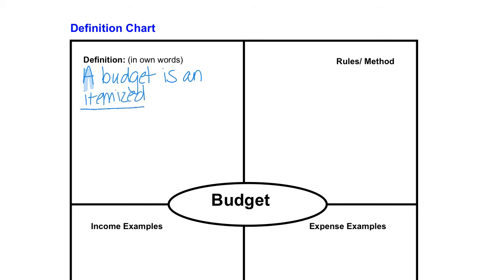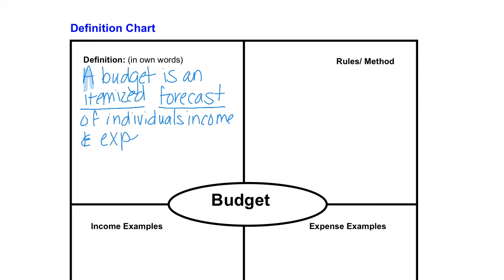So itemized means writing down every single item. Forecast. So this is me planning for the future. So I'm looking ahead of individuals' income and expenses for a specific period of time.